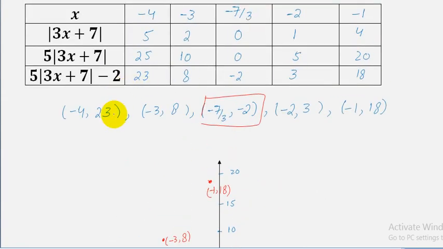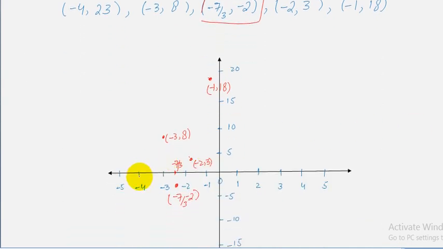Last one is x is minus 4, y is 23. When x is minus 4, the value of y is 23, which is greater than 20. So our next point is this one.